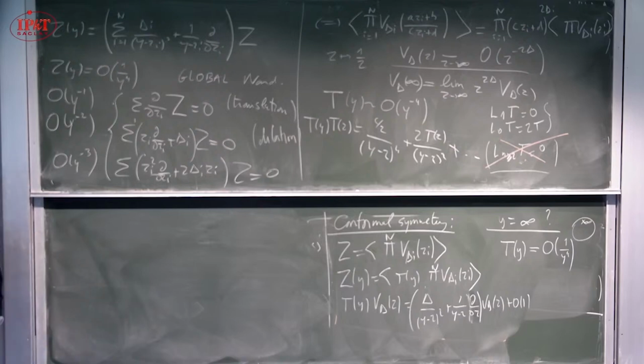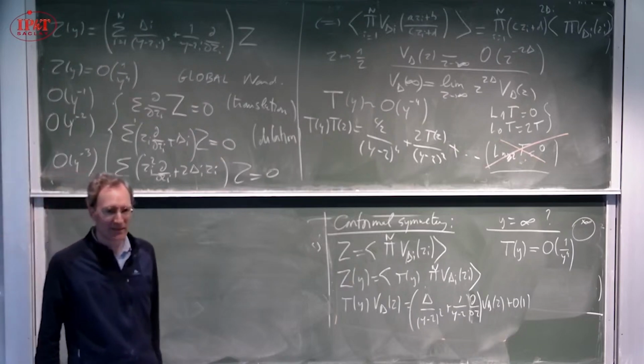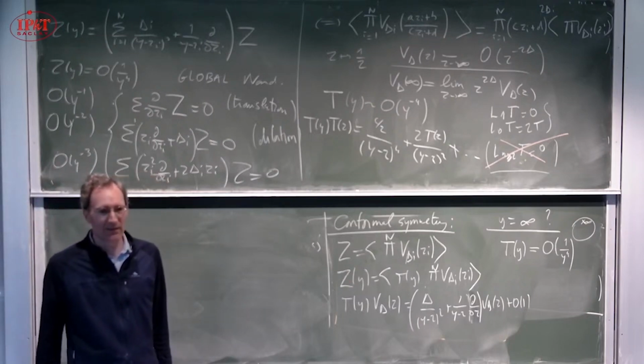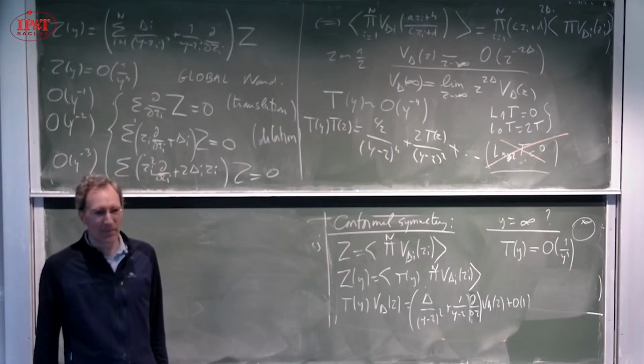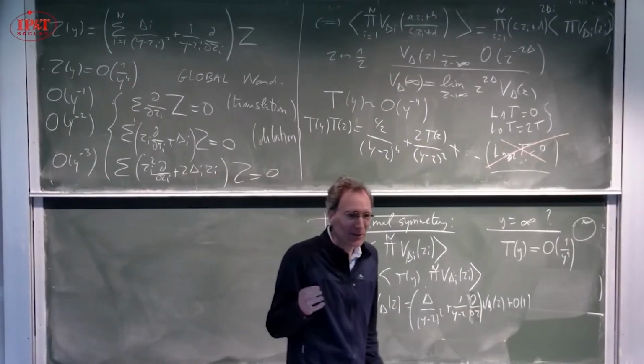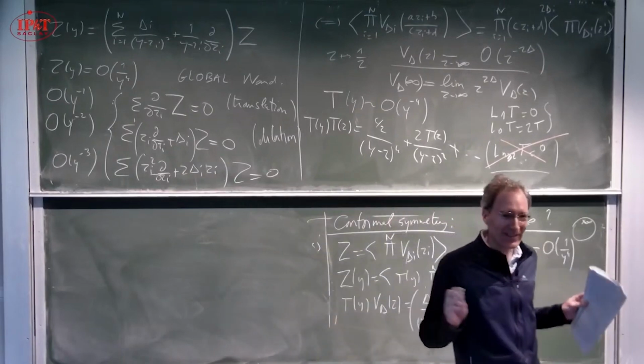Yeah. So, the way you derived it was slightly circular, right? Because you assumed that T decays like 1 over y to the 4 to derive this transformation of the correlation function, and then you showed that it's consistent with T decaying like 1 over y to the 4. Yeah, that's what is nice with an axiomatic approach. So I can assume anything, and so long as it doesn't crash down, I'm okay.